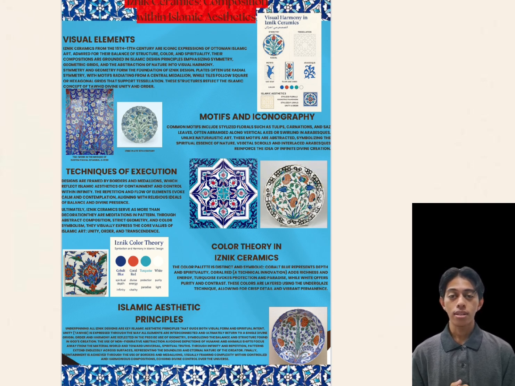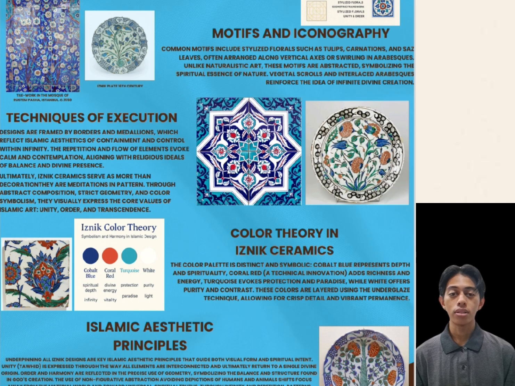Below that, the color theory of Islamic ceramics section includes a custom color swatch graphic that explains the meaning of cobalt blue, red, turquoise, and white. Each color was chosen purposefully, not just for contrast, but for spiritual symbolism.